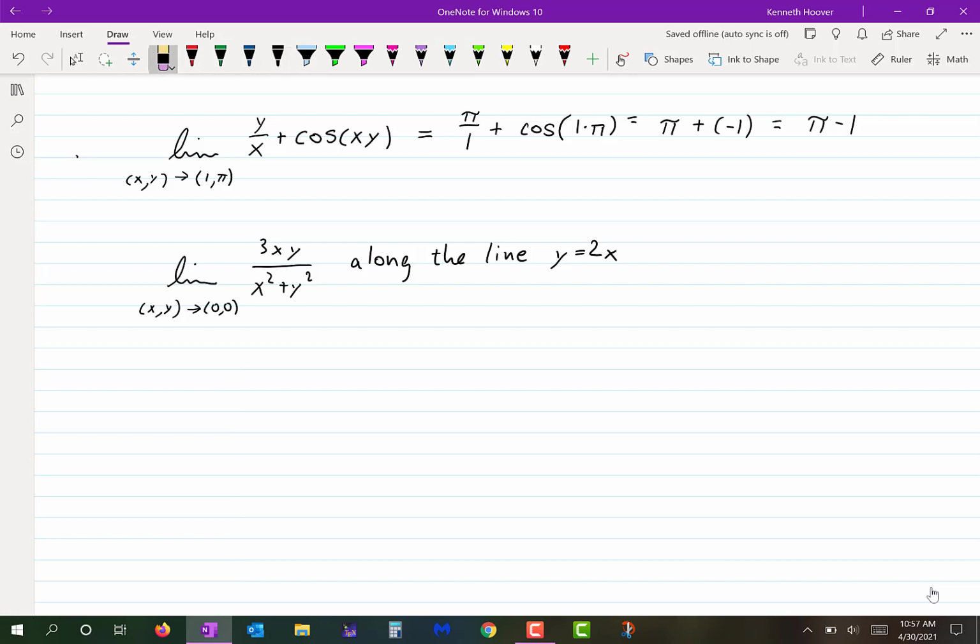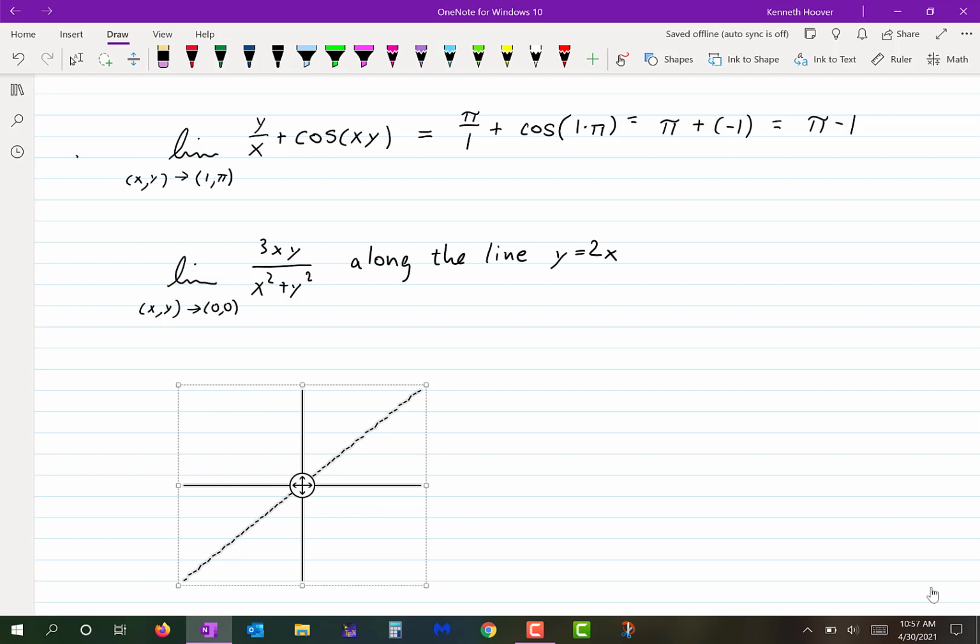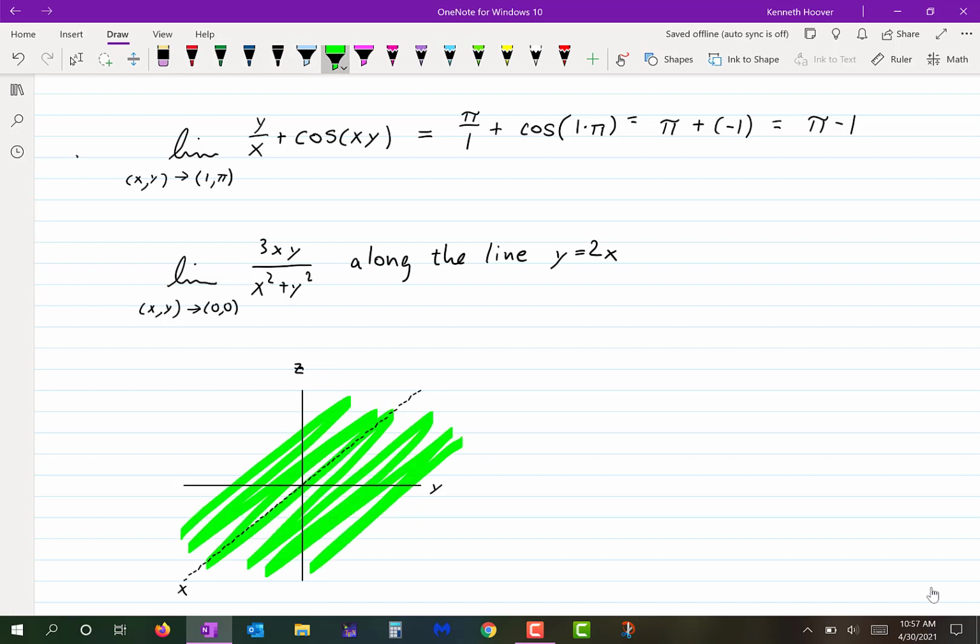Maybe I just want to make sure that you understand the whole thing about 2 dimensions versus 3 dimensions. Okay, so the function exists. Whoops, I'm sorry, I drew the wrong one. I meant to draw this one. The function exists in 3 dimensions. Here's our x, y, z. Okay. Here's our domain, the xy plane.